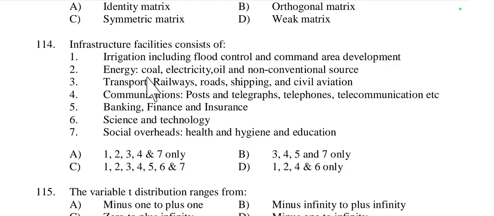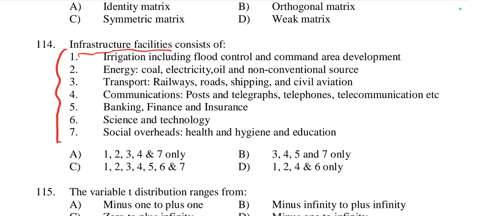In energy, we can include coal, electricity, oil, non-conventional sources. In transport, we can include railway, roads, shipping, civil aviation. In communication, we can include post and telegraphs, telephones, telecommunication, banking, finance and insurance, science and technology, then social overhead, health and hygiene and education. These all come under infrastructure facilities.